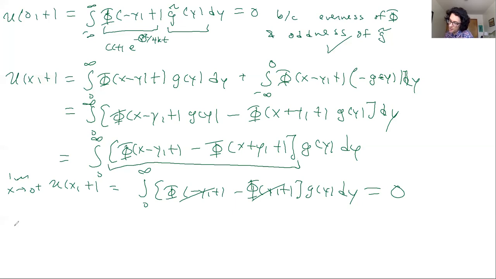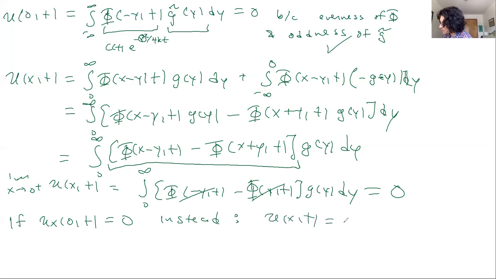In the case of u sub x of 0 t equal to 0, instead, we would like to use even reflection. So in a sense, then, it's as if we took our initial condition and even reflected it across the position x equals 0, okay?